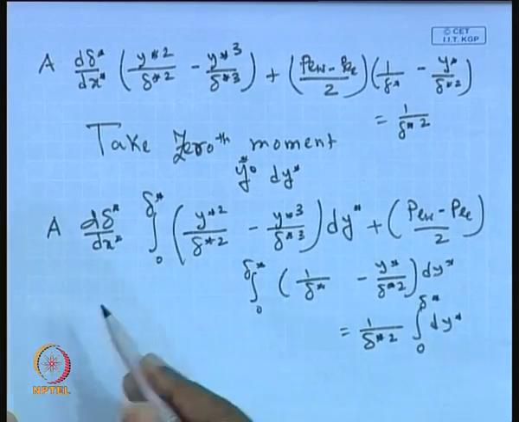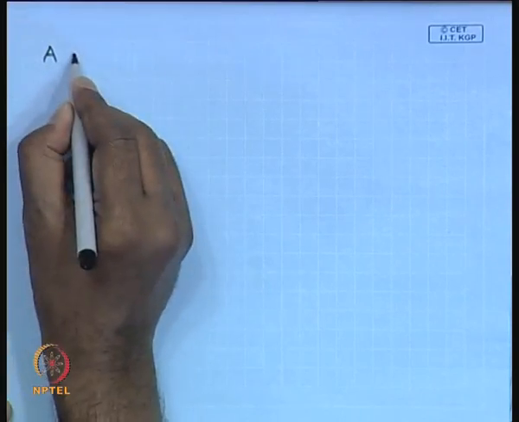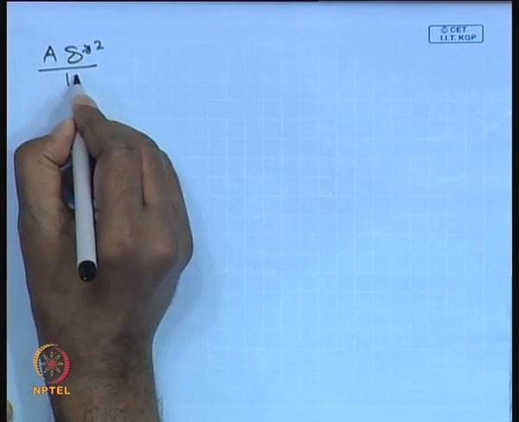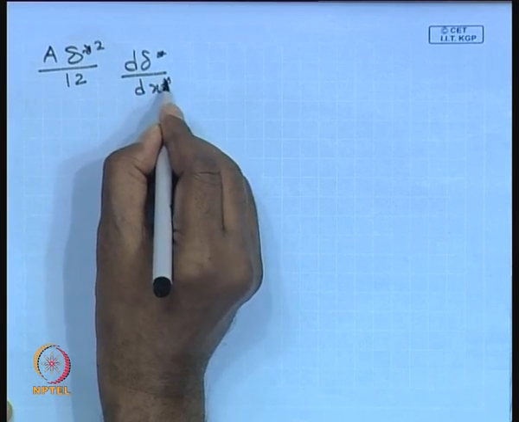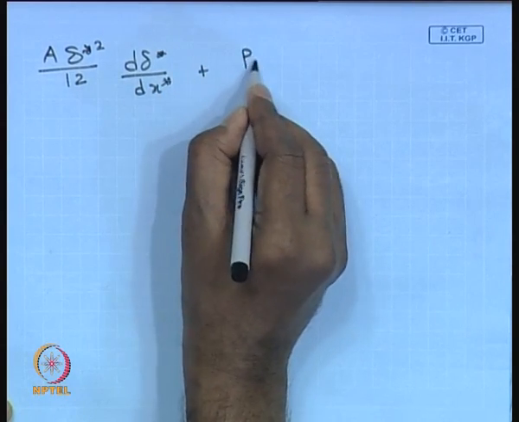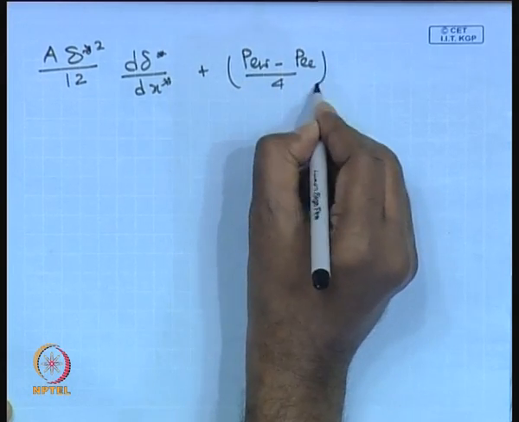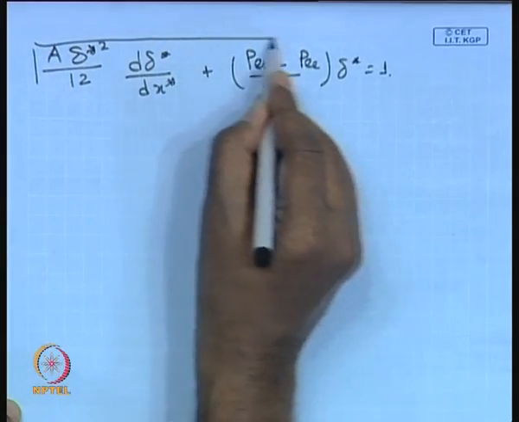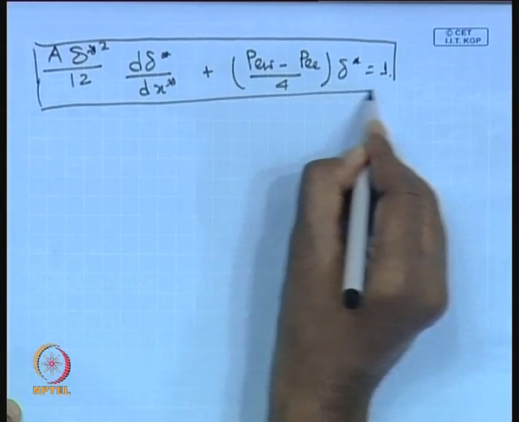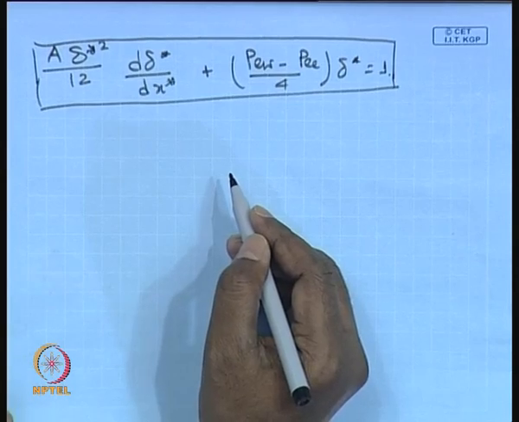So, you can simplify this and finally you will be getting the neat form of the integration as A delta star square by 12 d delta star dx star plus P w minus P e e divided by 4 times delta star is equal to 1. Okay. So, this is the form you get after y averaging the equation of solute mass balance equation.